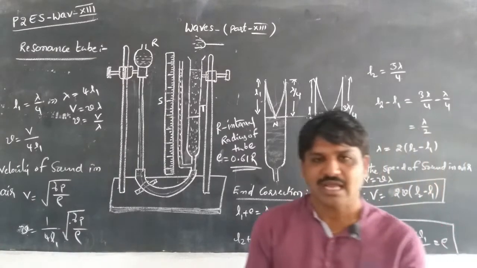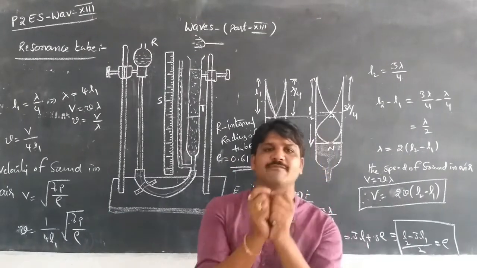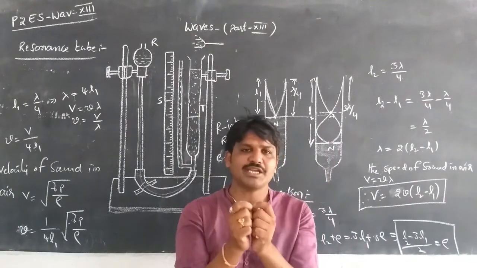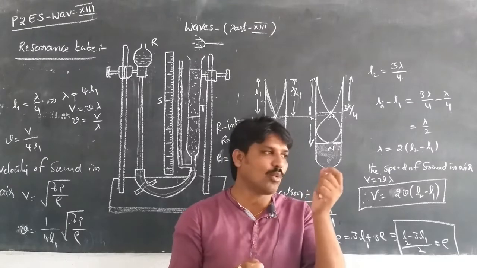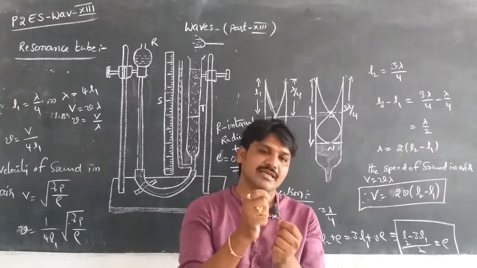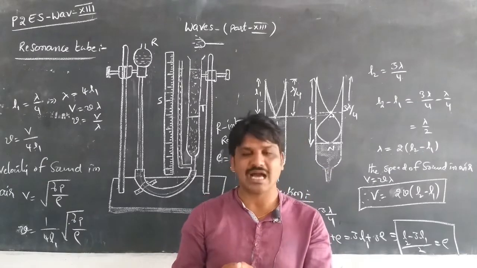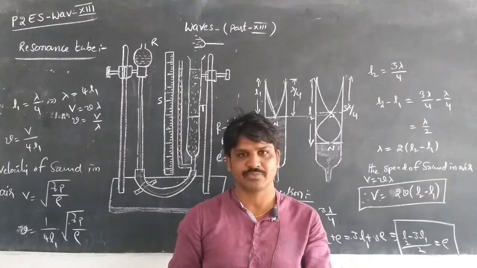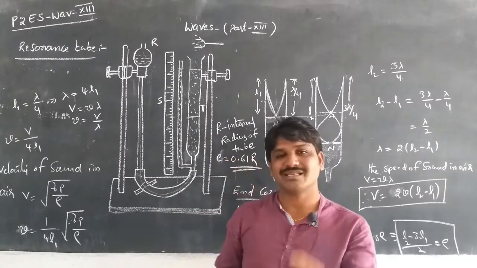We already know that at the open side, due to reflection of the wave, the antinode does not form exactly at the open end; it is some distance away from the open end. We discussed this in the previous video. So there is some end correction.